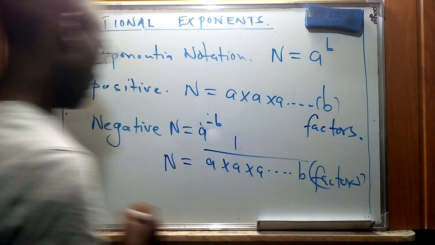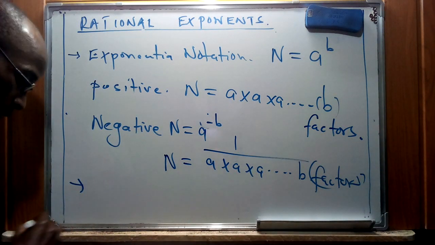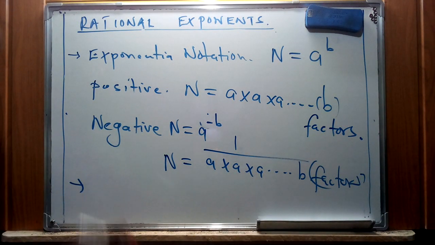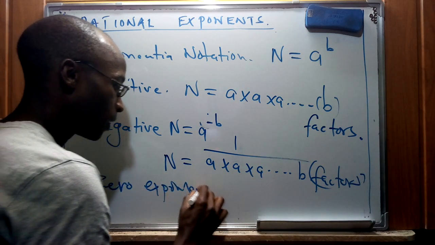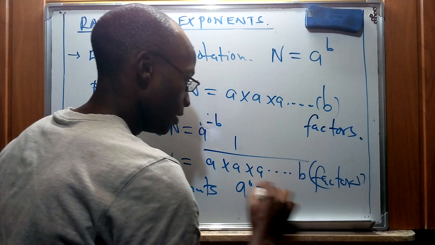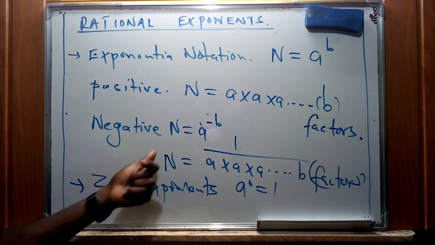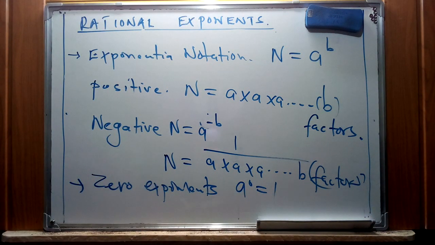And lastly, for what we call a zero exponent, this gives unity, which is 1. So this is a summary of what we have discussed in our last two videos, which gives us a basis for finding out how we can represent rational exponents.